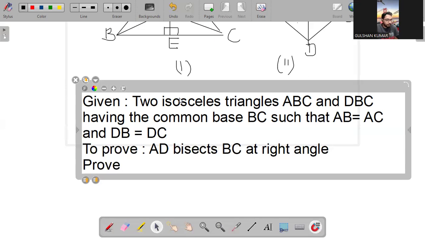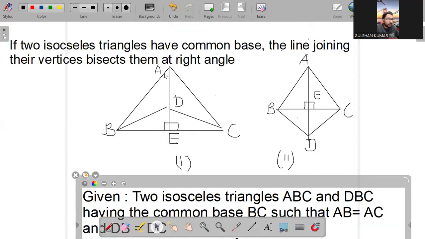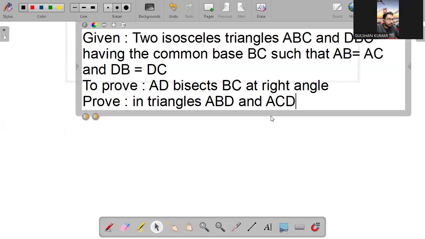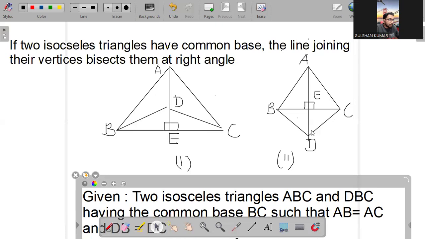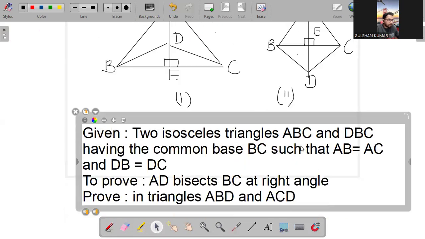Prove: in triangles ABD and triangle ACD, as discussed earlier, ABD is a triangle, and ACD is also a triangle we are discussing here.